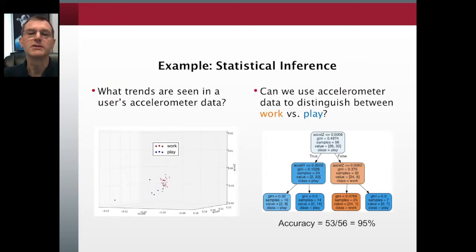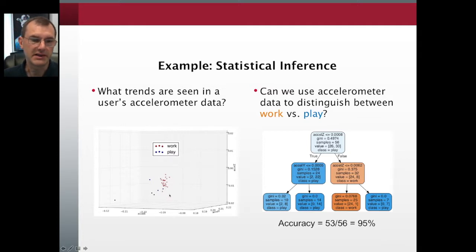Now, what are some questions that we may want to ask as part of statistical inference? One question may be just whether we see some general trends in the data. So here I've plotted the accelerometer values along the X, Y, and Z axes in a three-dimensional plot, and the points for the activity work are colored in red, and for activity play are colored in blue.